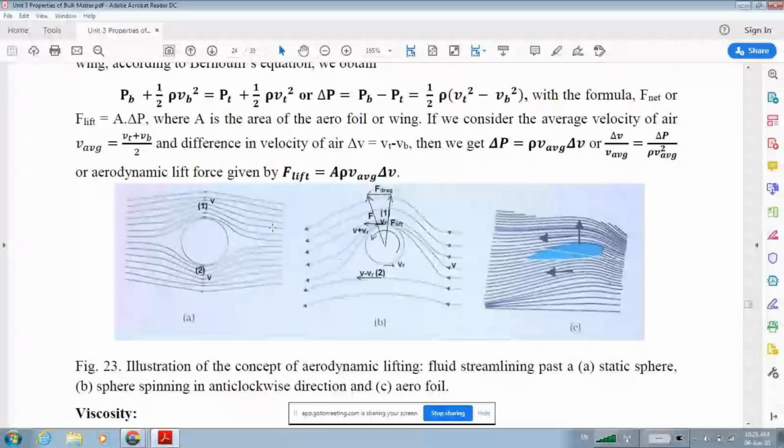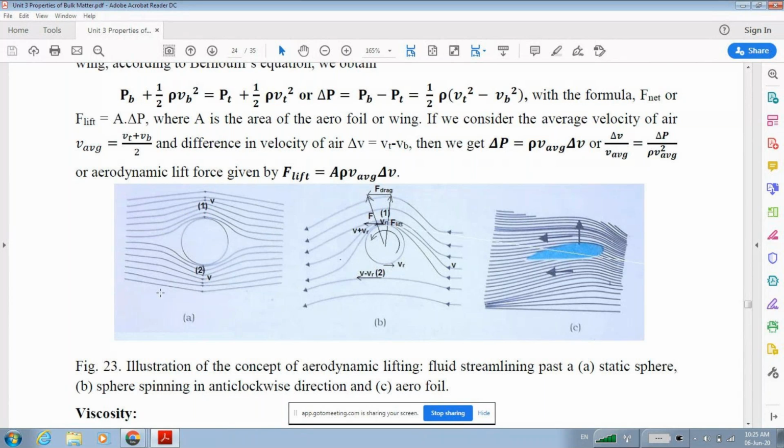The path of the fluid particle is called a streamline, and we can draw a streamline as either a straight line or a curved path. So these are the streamlines of air particles. These are moving from right to left, whereas the ball is moving from left to right.